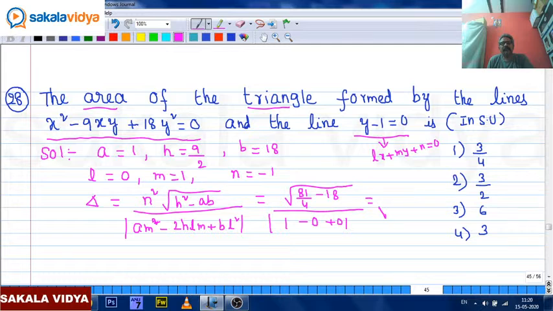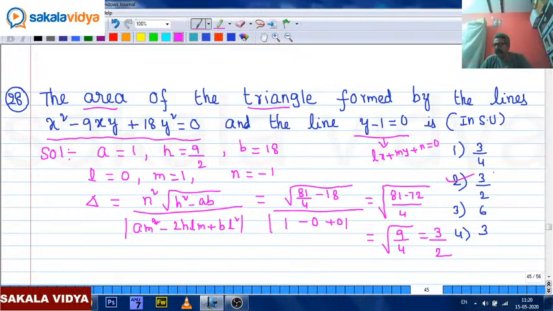That means this root we need to simplify: 81 minus 72 over 4. So that means root of 9/4. This will be 3/2. So the second option is the right option.